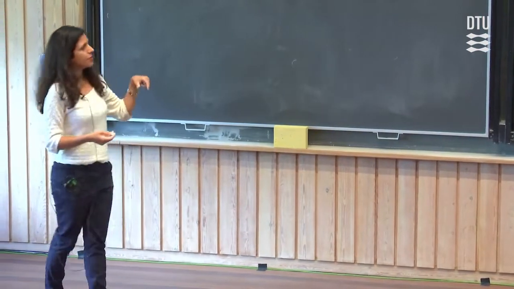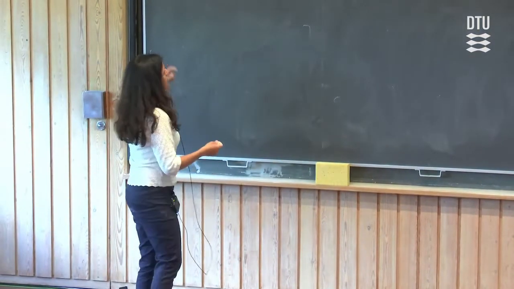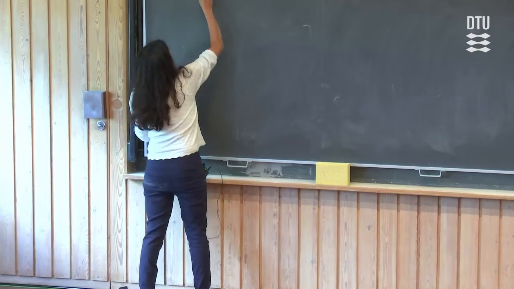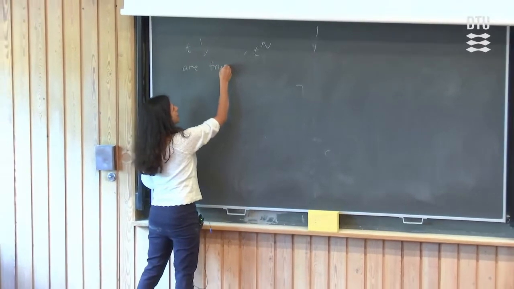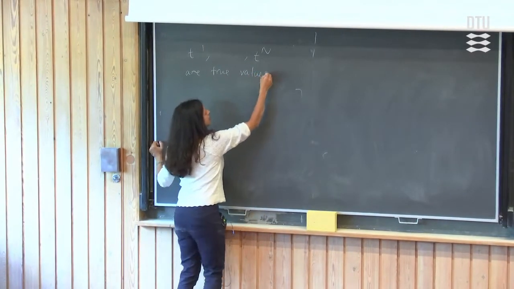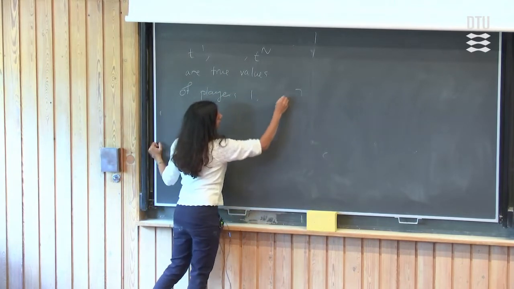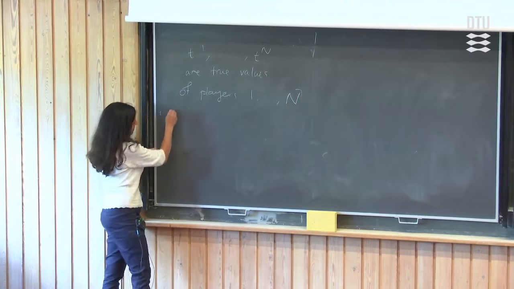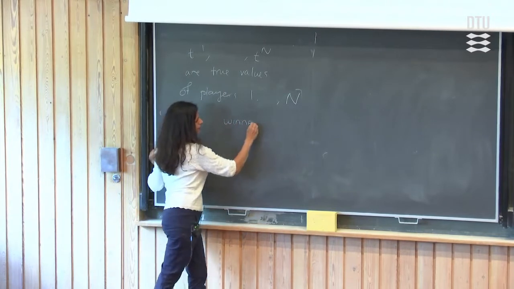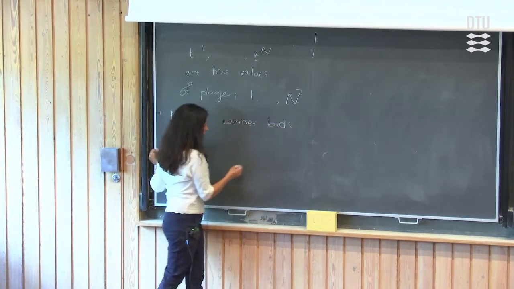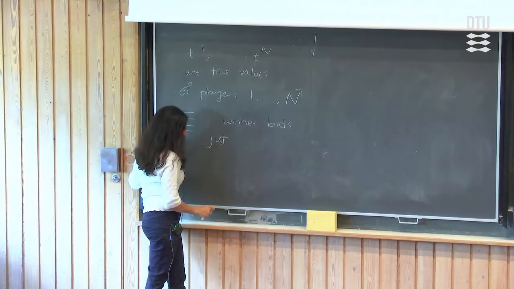It's not hard to verify that in a first price auction, if T1 to Tn are the true values, which later on I will call types of players 1 to n, the Nash equilibrium is that the winner bids just below the second lowest.